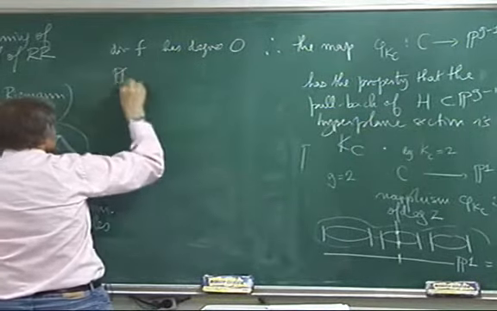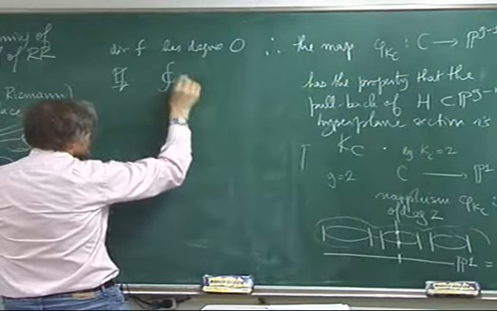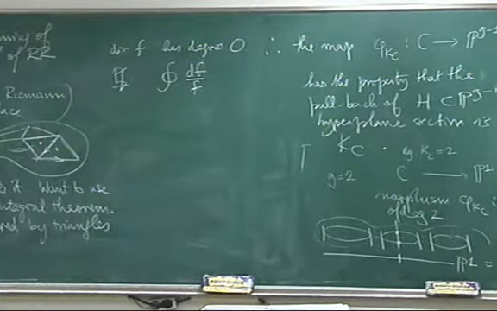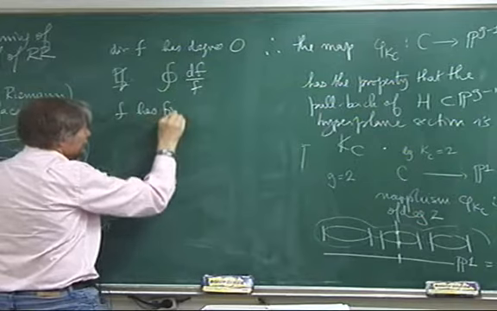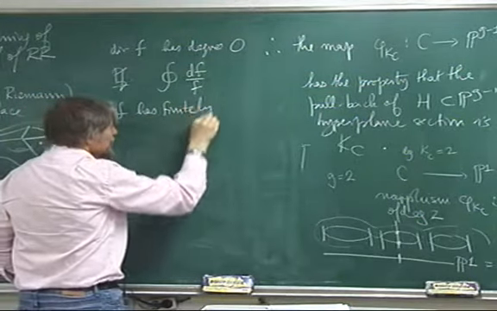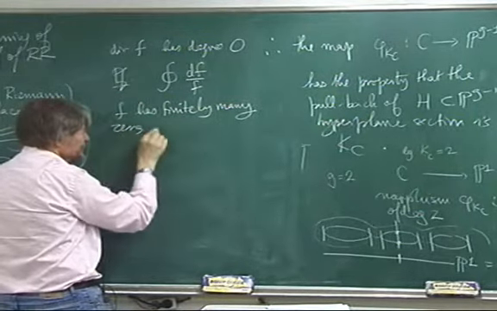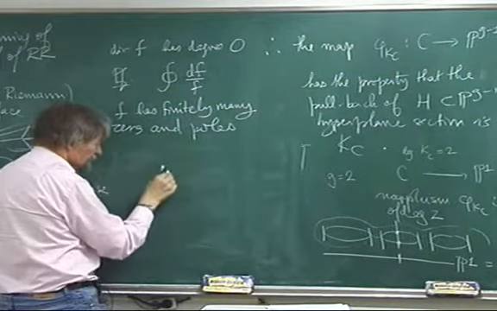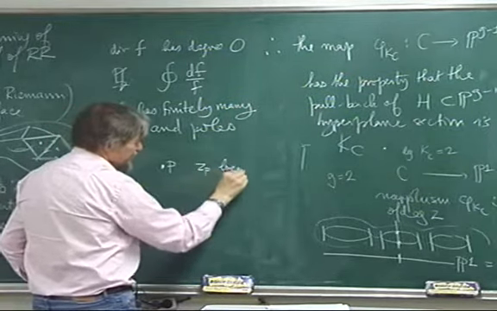So proof. I want to do the integral around 0 of df over f. Right? So f has finitely many zeros and poles. So let's just take one point P here and take z_P a local analytic parameter.